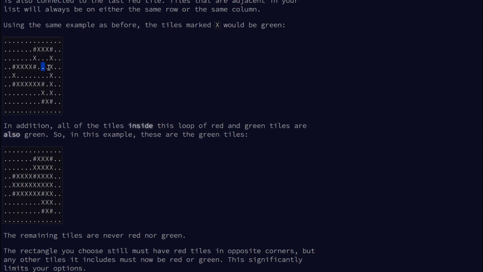And on the other 2 sides, it might have green tiles. Maybe. Oh, actually, is that possible? Well, they could be green tiles, they could be part of the interior, but I don't think they could both be part of the edge. I don't think you could have 4 green tiles that are all part of the perimeter next to a single red cell, could you?